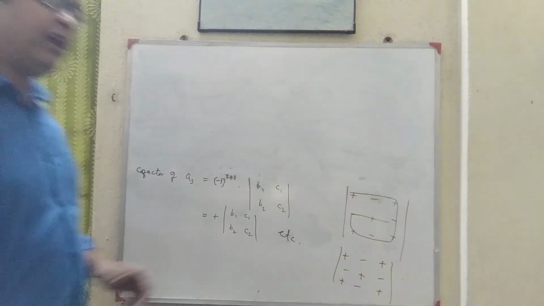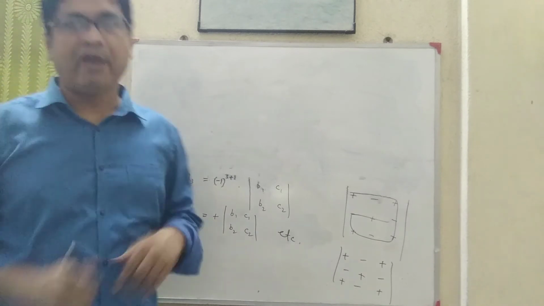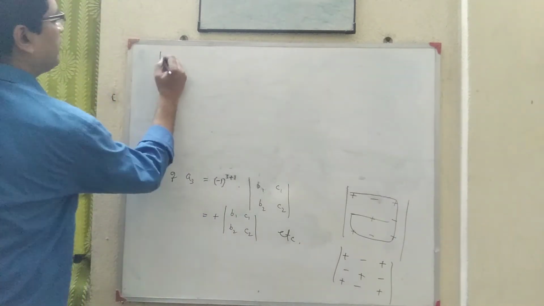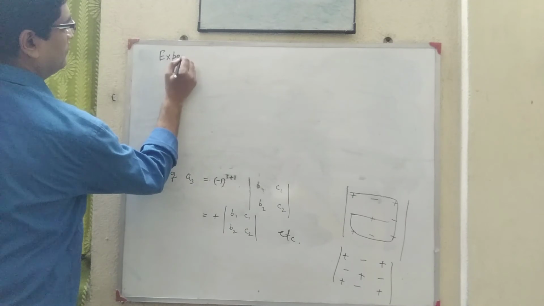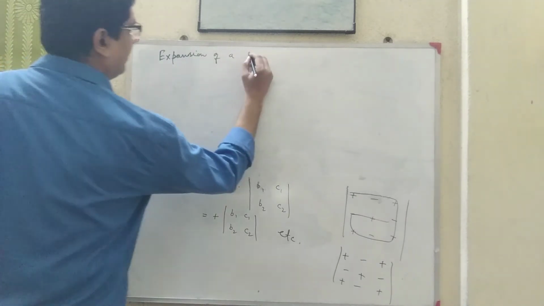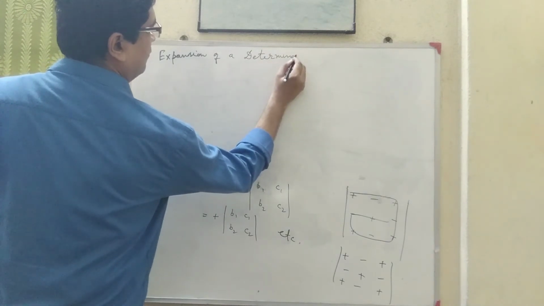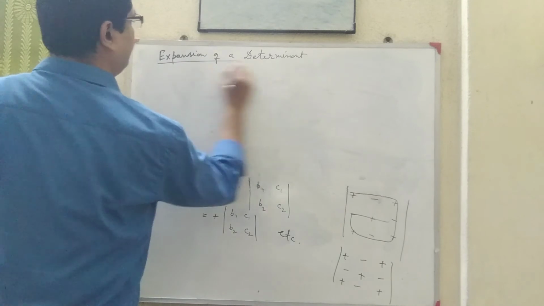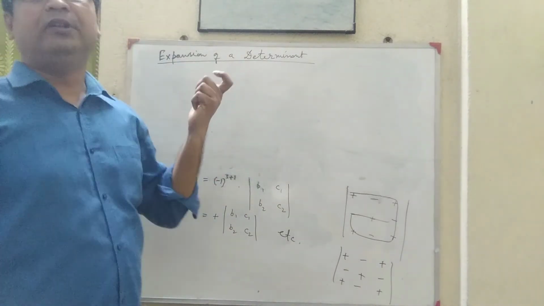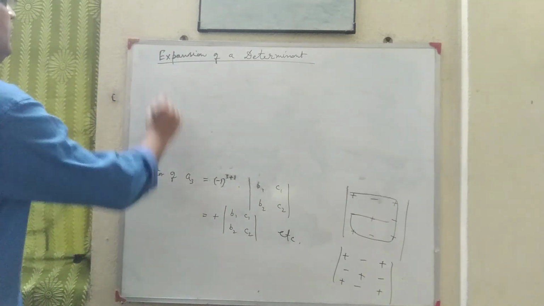To find the value of a third order determinant, you also have to know the expansion of a determinant, that is how to expand a determinant. This is very important. Expansion of a determinant is how we find the value of a third order determinant.